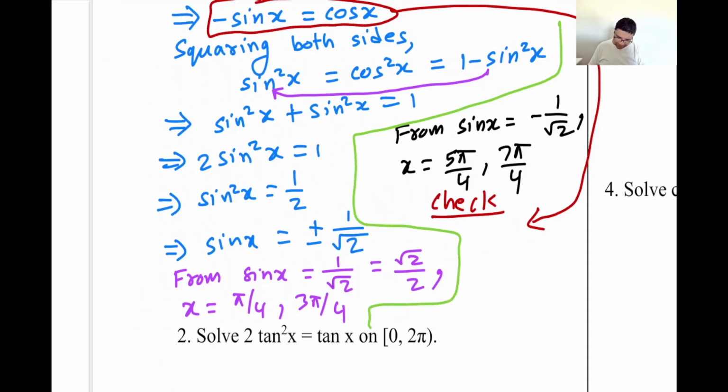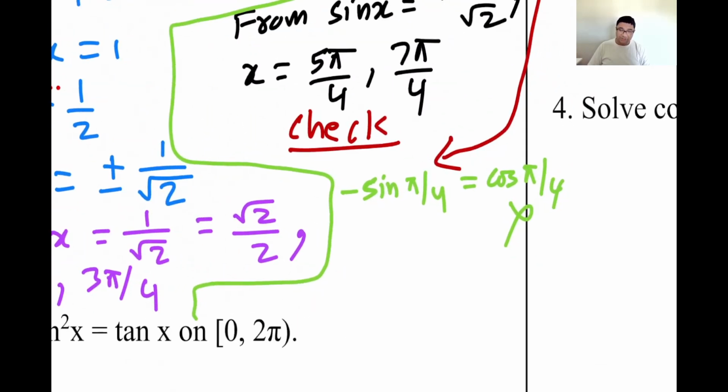Let me segregate the two parts. Pi over 4 is not going to work, I know, because minus sine pi over 4 equals cos pi over 4 is not true. In the first quadrant, both are positive, right? You cannot have negative equal to positive. That's not true.